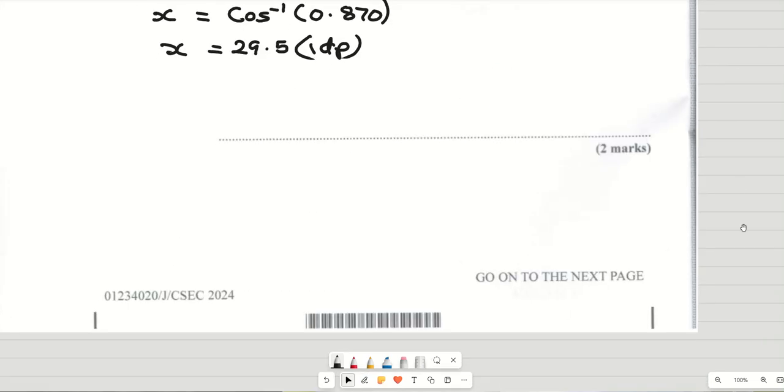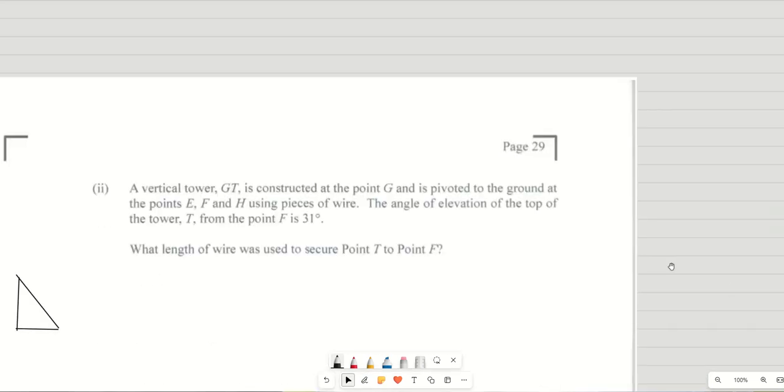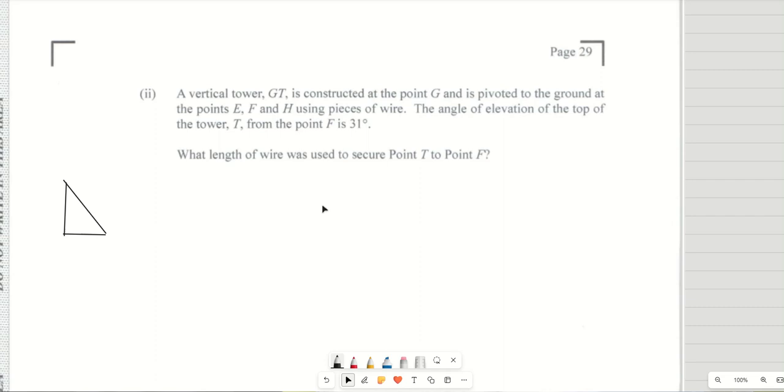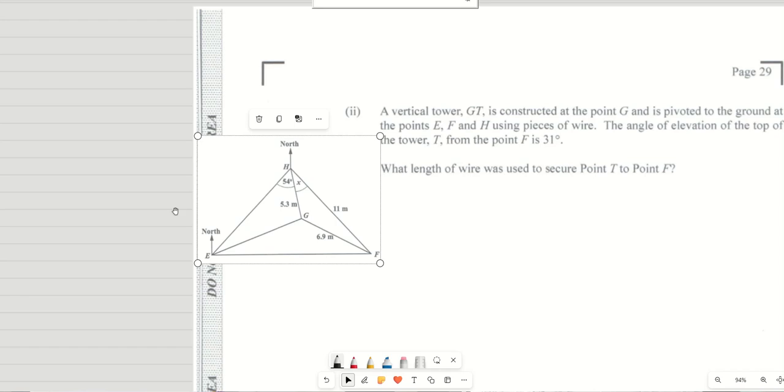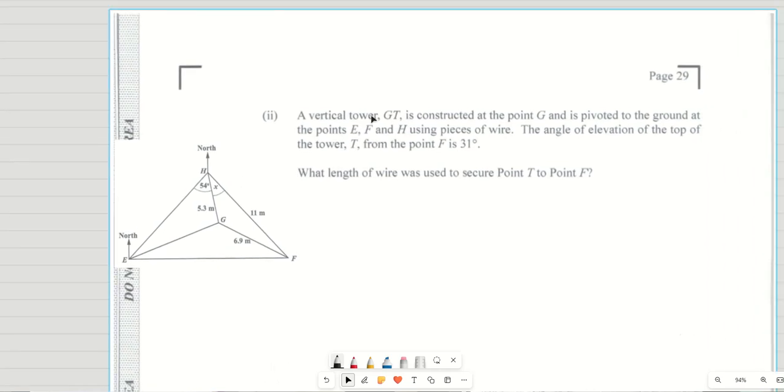Alright, let's go on to the next question, that is this one right here. They said a vertical tower, GT, vertical meaning from G, there's an upward line. Let's put that upward line here.